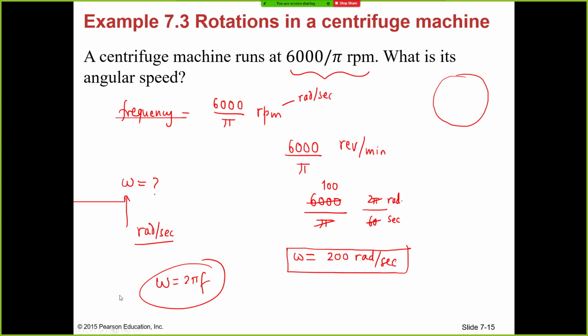And if you want, you can use this formula also, but still you need to convert that to radian per second, even if you use the formula.